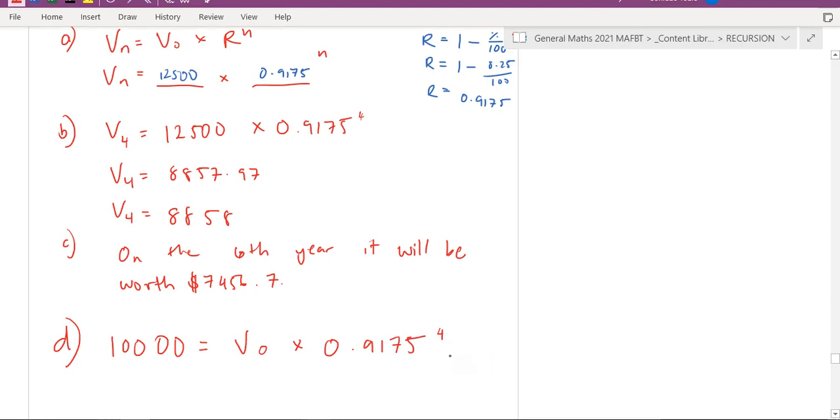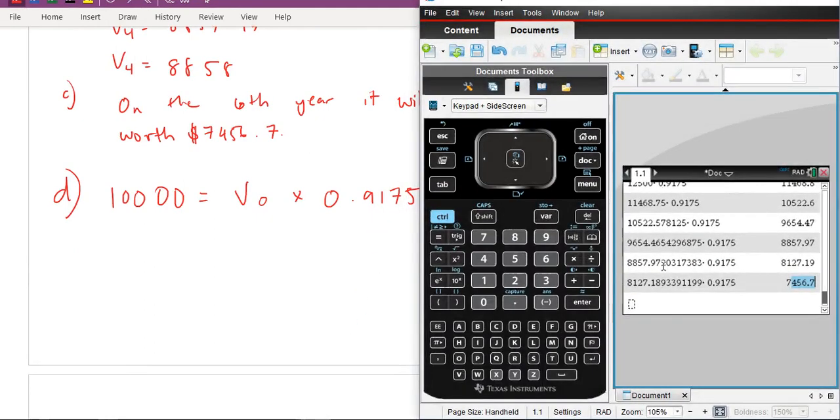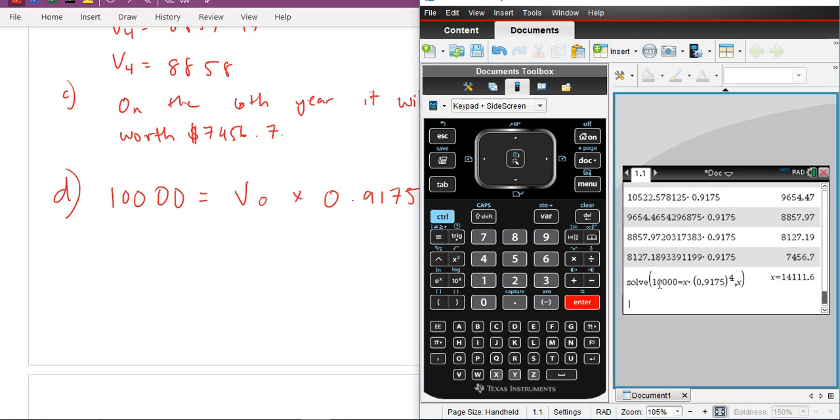So you're going to solve for V0. But remember on your CAS, you can't actually write V0, so you'll just put solve, 10,000 equals, change that to x or whatever you want, 0.9175 to the power of 4, comma x. That means x is 14,111.6.